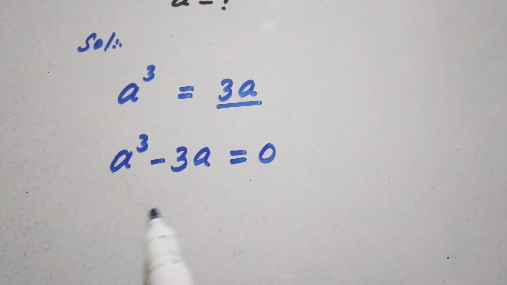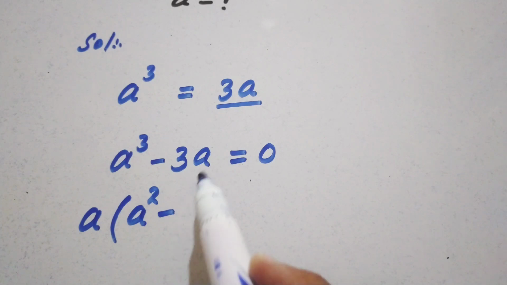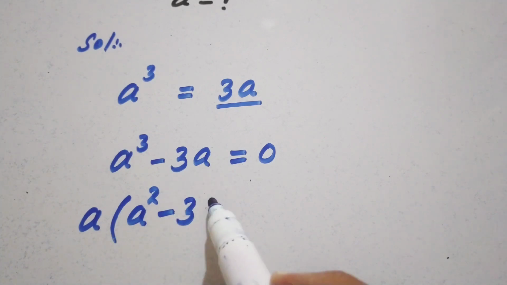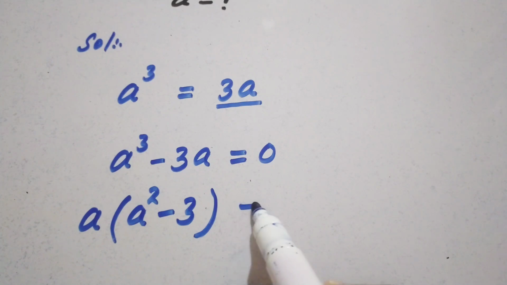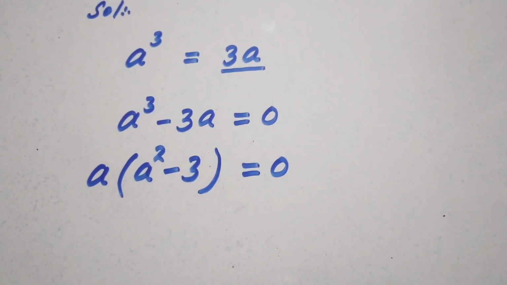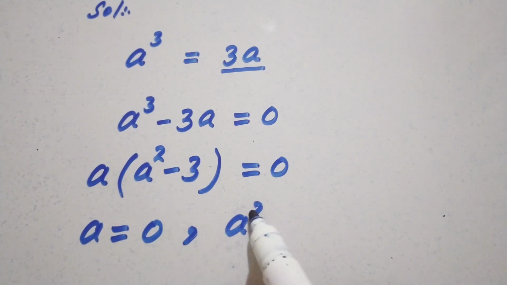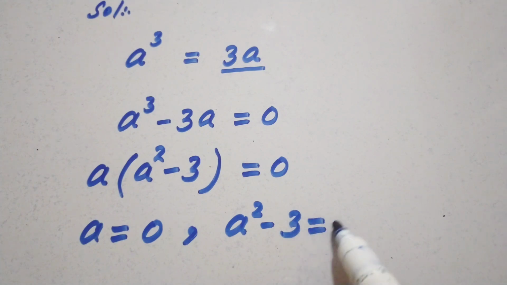Now we can factor out a, so inside we have a squared minus 3, since we have taken a common, and this is equal to 0. Now applying the zero product rule, we get a is equal to 0 and a squared minus 3 is equal to 0.